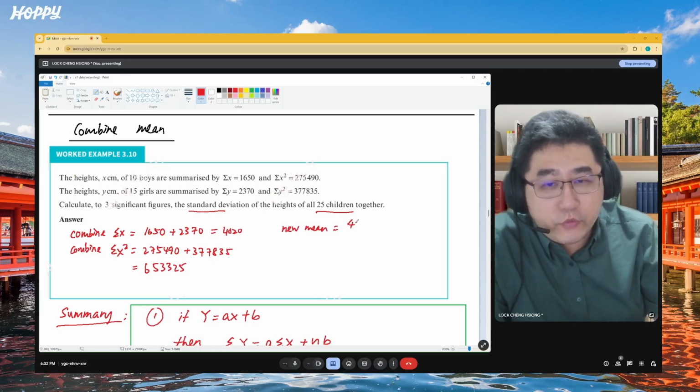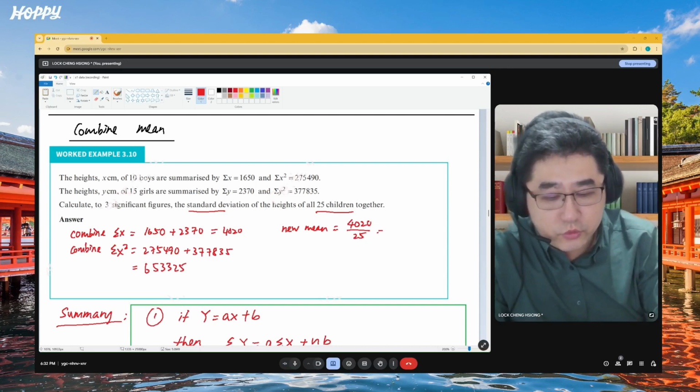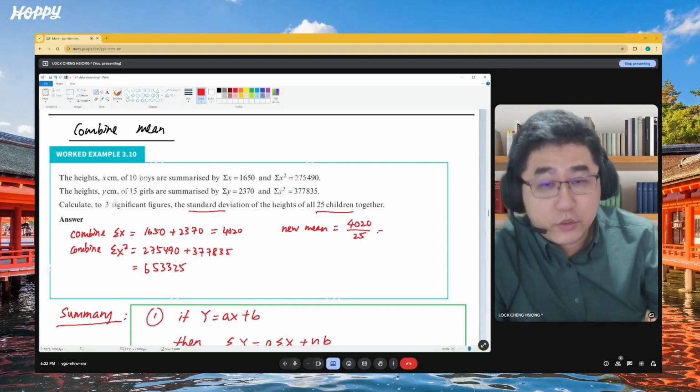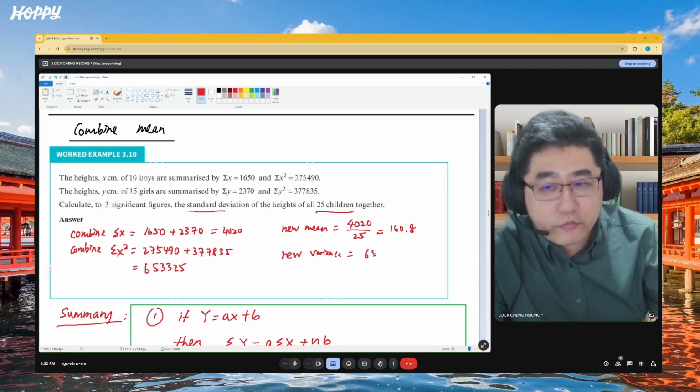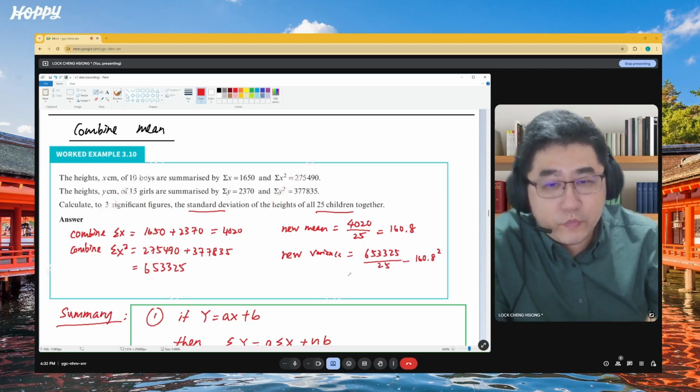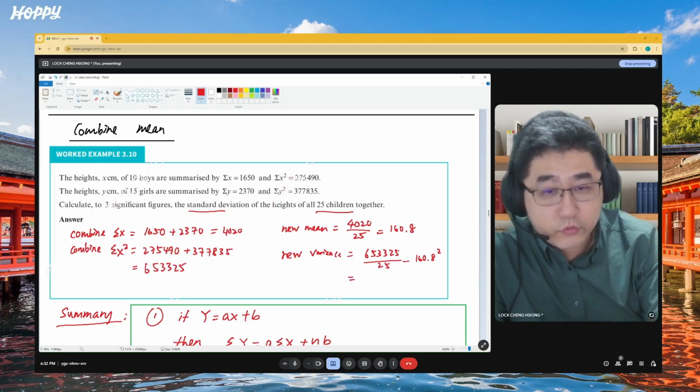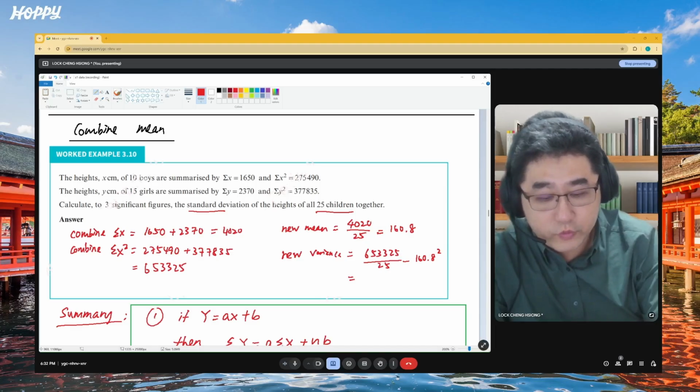Okay, then there will be a new mean. That actually gives you 4020 divided by 25, you have 160.8, and the new variance will have 653325 over 25 minus 160.8 squared.